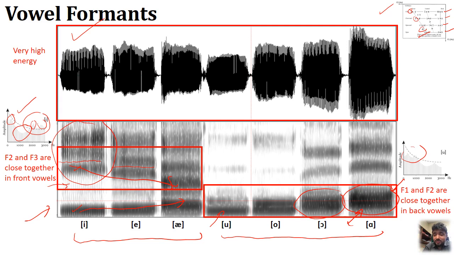And for the back of the mouth, F1 and F2 together are becoming higher. So they're here, and then here, and then here, and so on and so forth. Okay, so hopefully this is clear, and you're getting some understanding of what's happening around here.